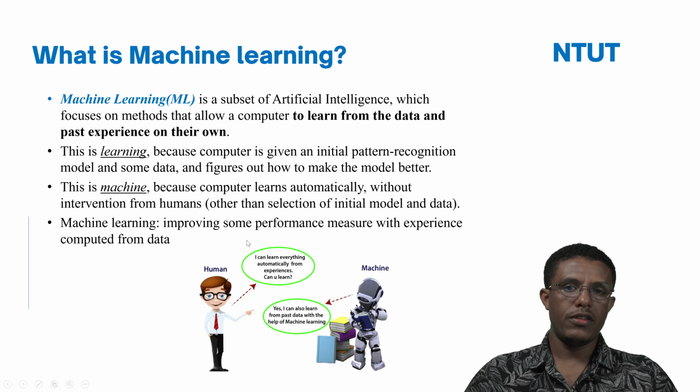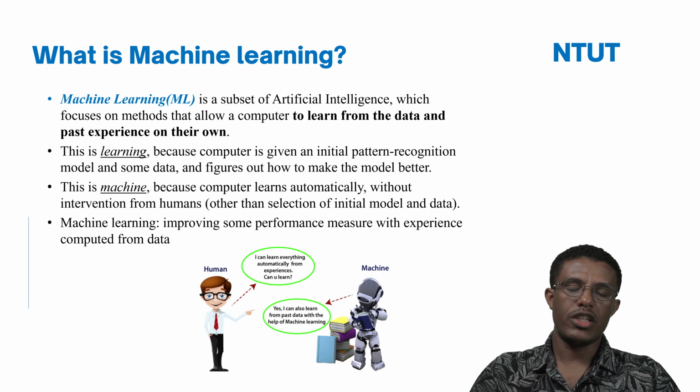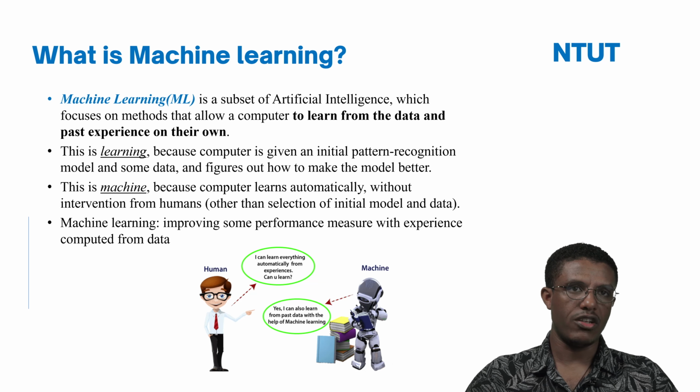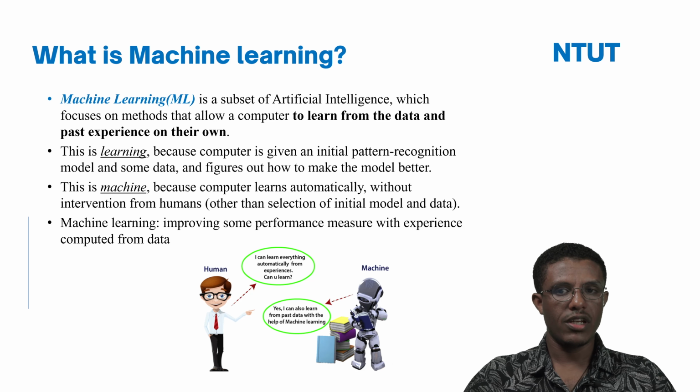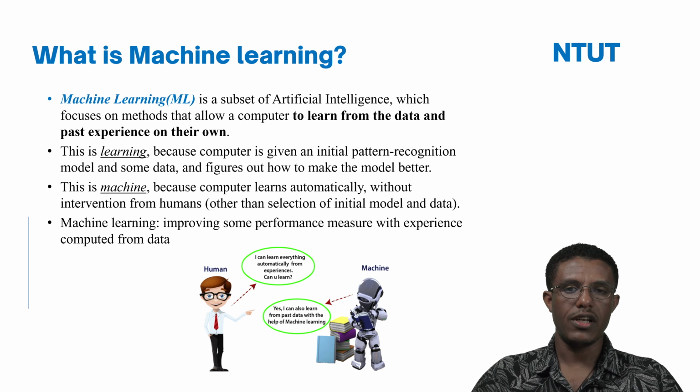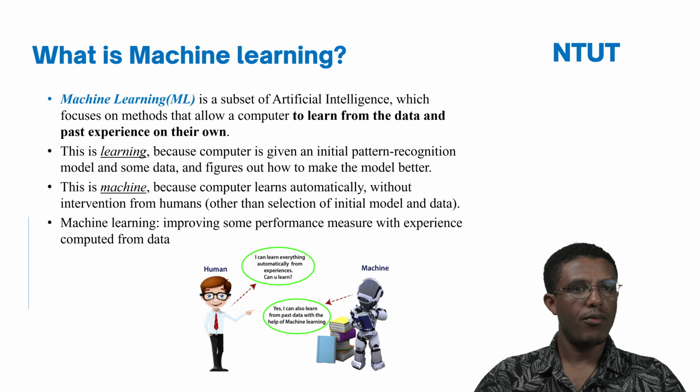Looking at the basic definition, machine learning is a subset of artificial intelligence which focuses on methods that allow computers to learn from data and past experience on their own. So the model learns from the data and the past experience.